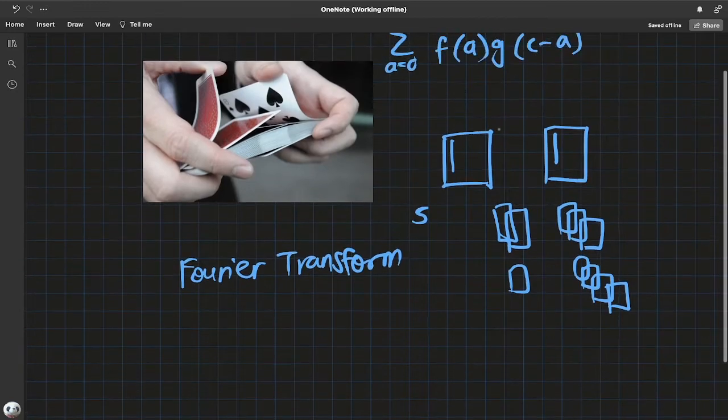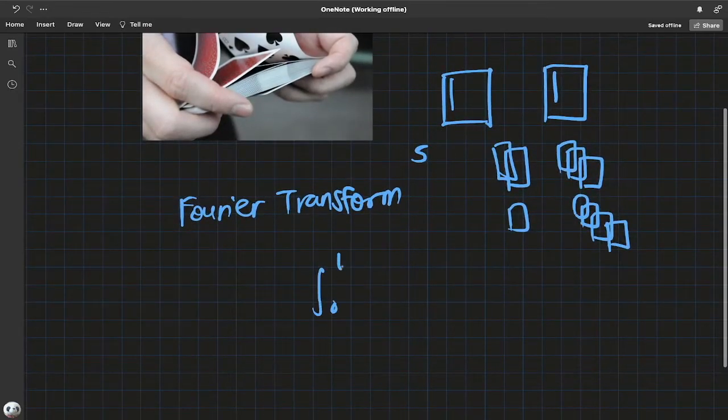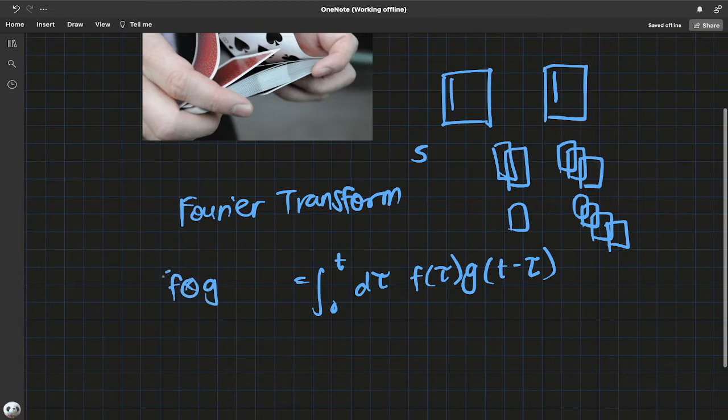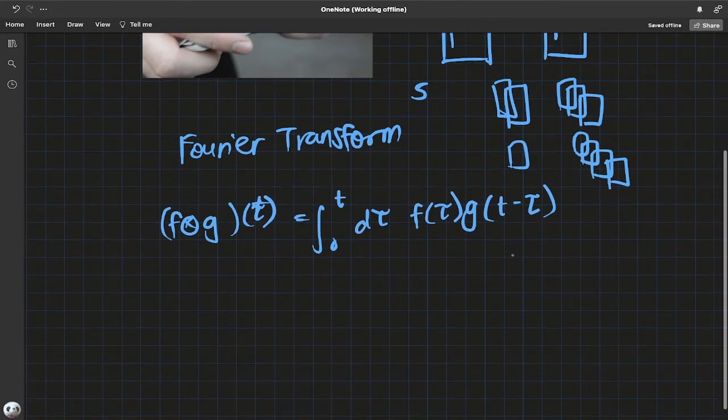So instead of a sum, we're going to have the integral from 0 to t d tau f of tau g of t minus tau, and that will be defined as the convolution of f and g over t, my bad. So this is the continuous version.